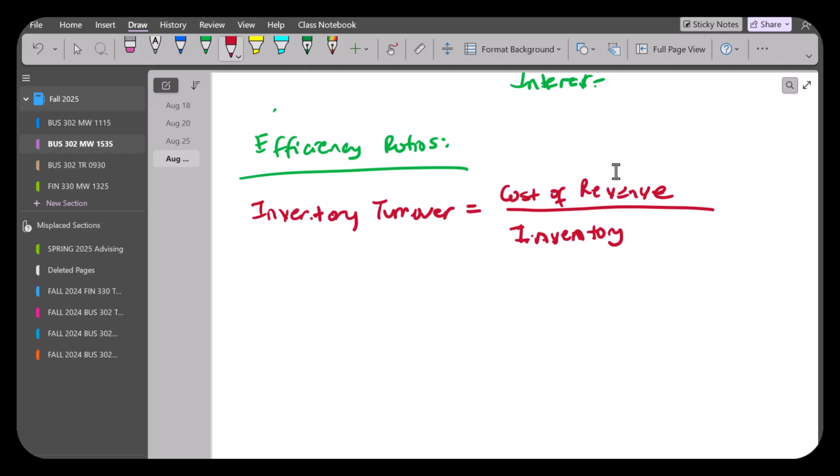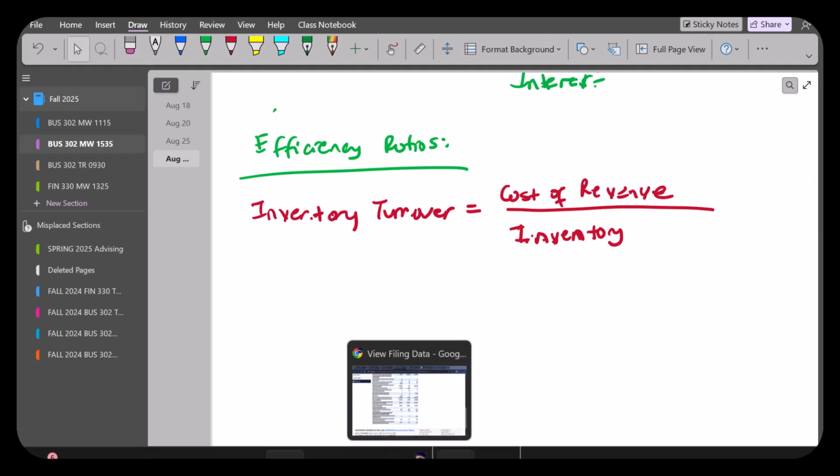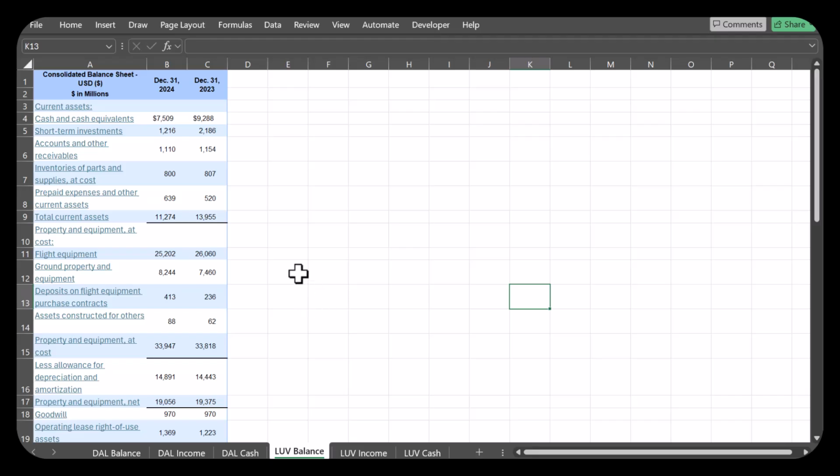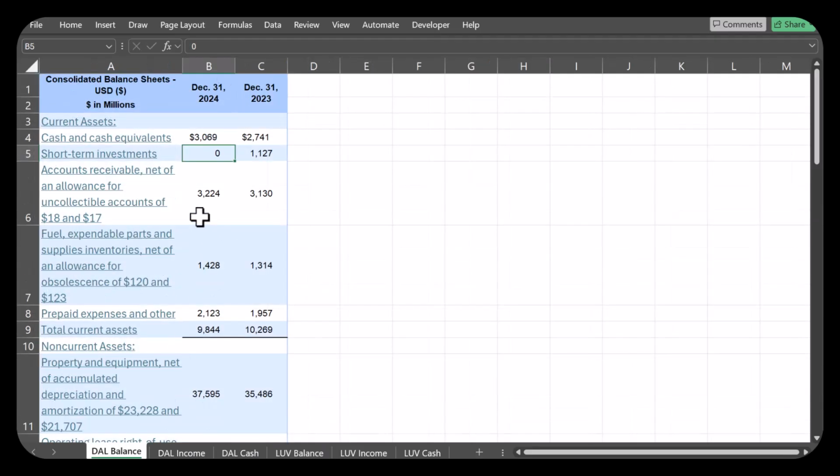I don't think we have too much inventory issues, but let's check. Yeah, for these guys, it's not going to matter much. They have things like fuel and stuff. So let's use that just for the sake of completeness.